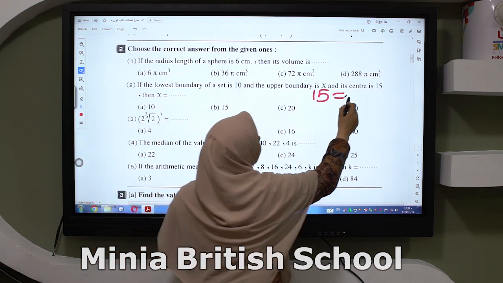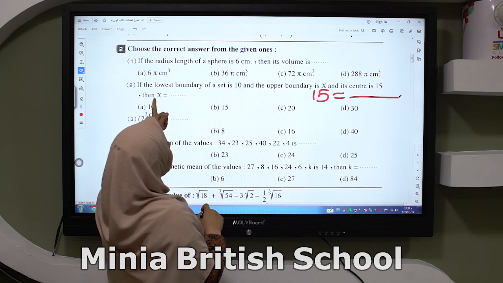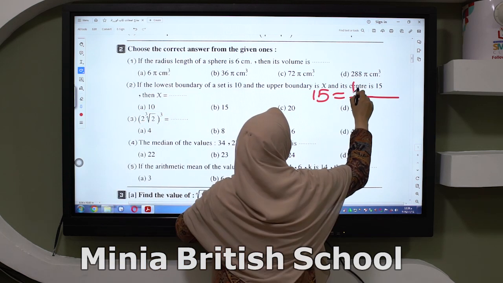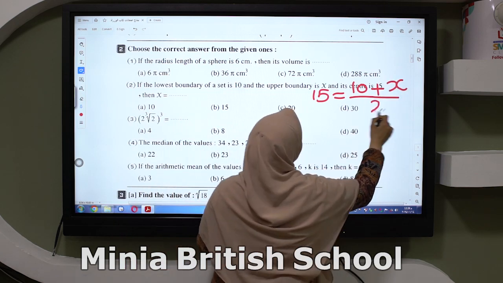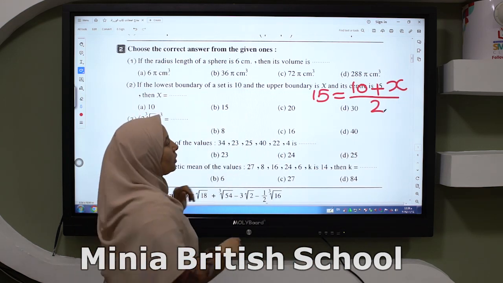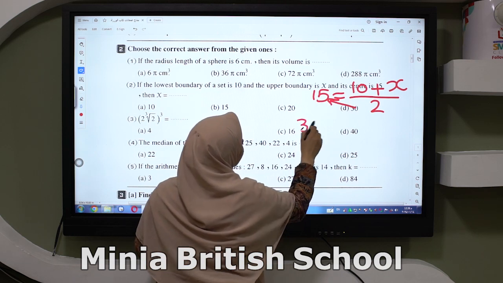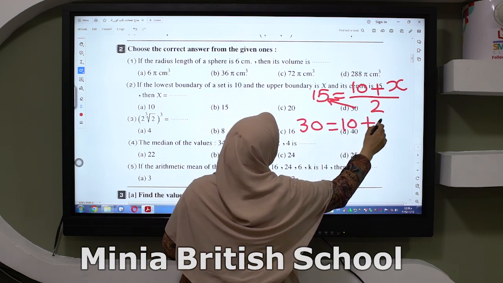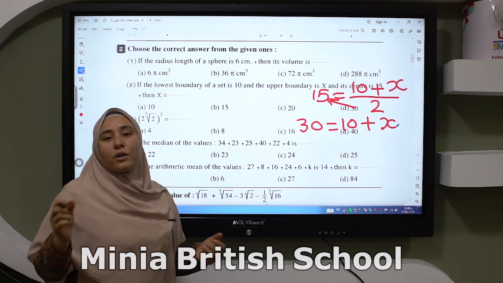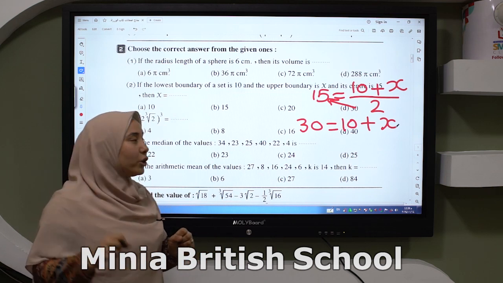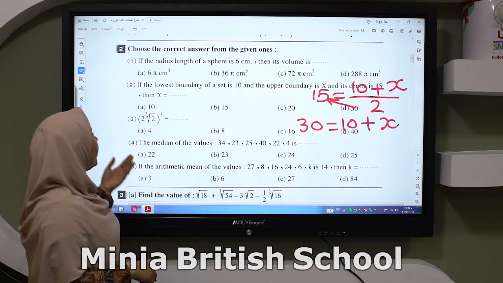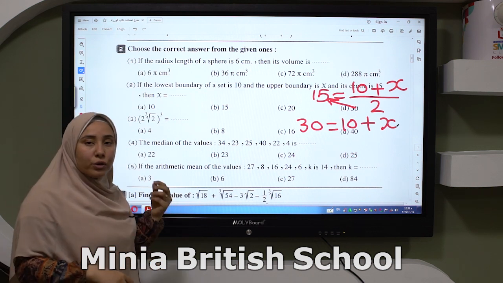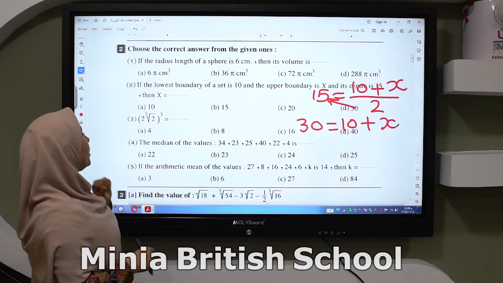Then 15 equals the lowest boundary 10 plus the upper boundary x divided by 2. Multiply 2 with 15, we get 30 equals 10 plus x. Which number plus 10 equals 30? Yes, x equals 20.